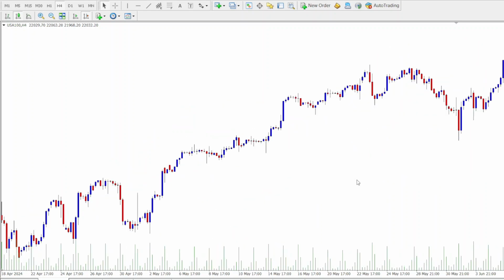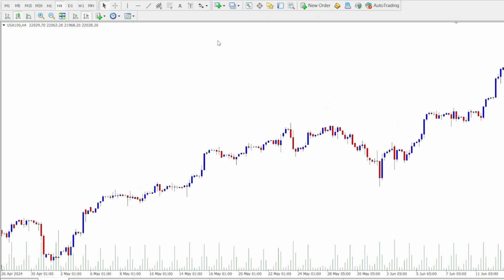I'm just trying to look for a good example on the higher time frame. Okay, so we can see that we have a support zone around here. Can you see rejection, rejection, rejection?